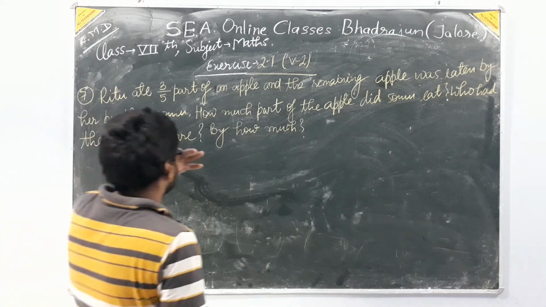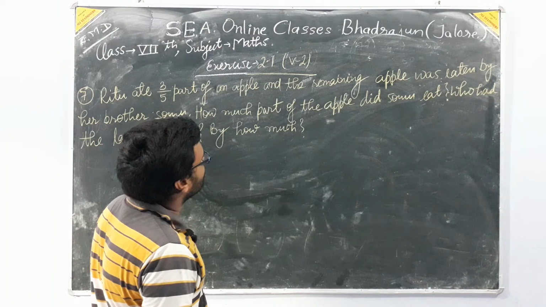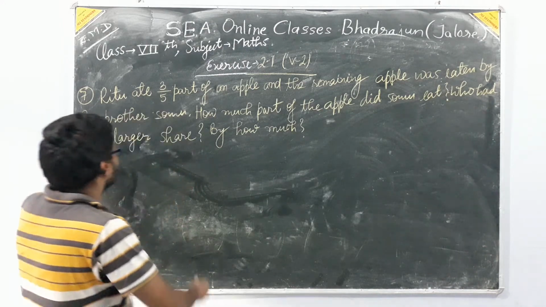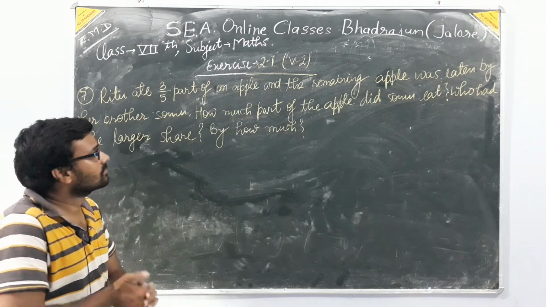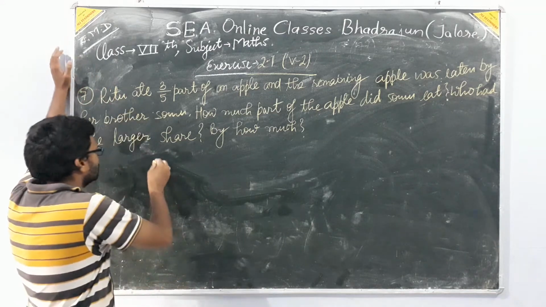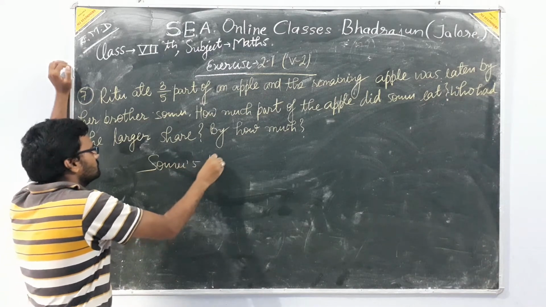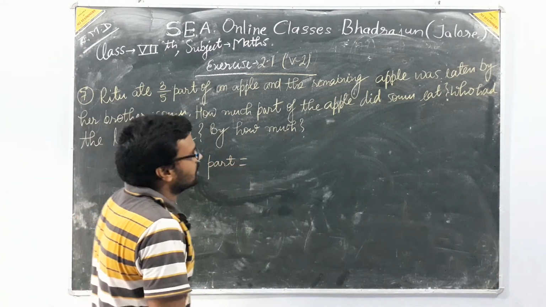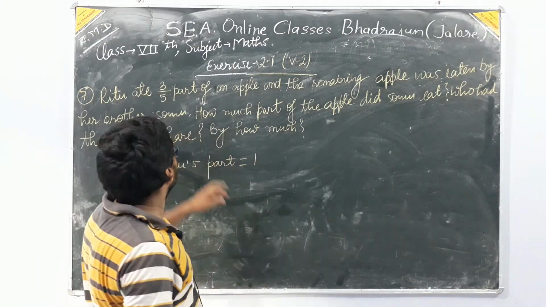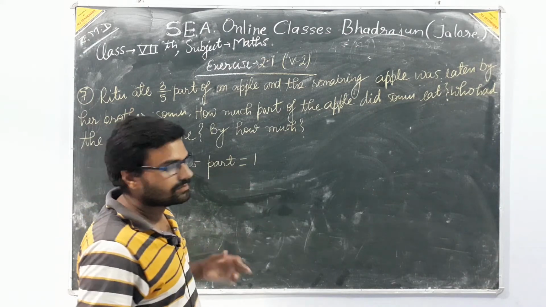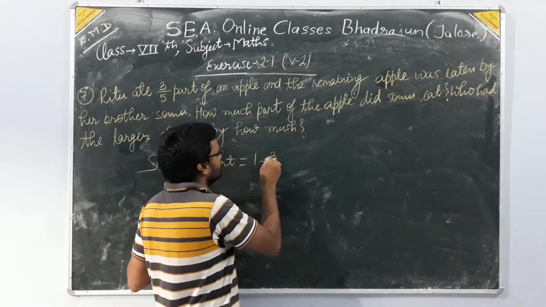Somu's part equals, actually the apple was one only, so we subtract the part eaten by Ritu from 1, then we will get the part eaten by Somu, which is 1 minus 3/5.